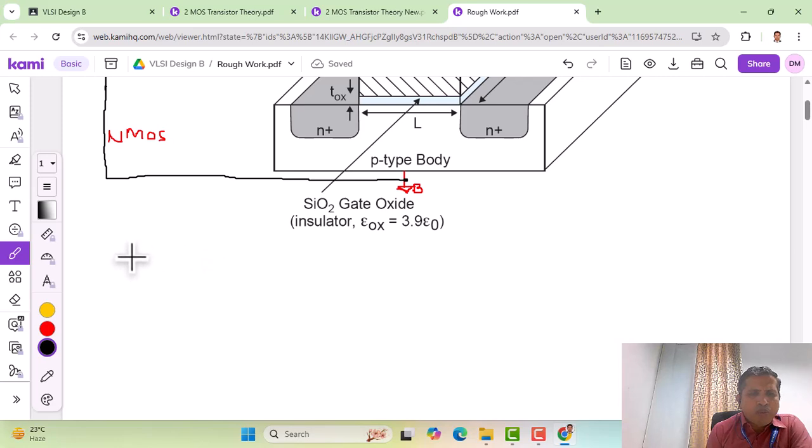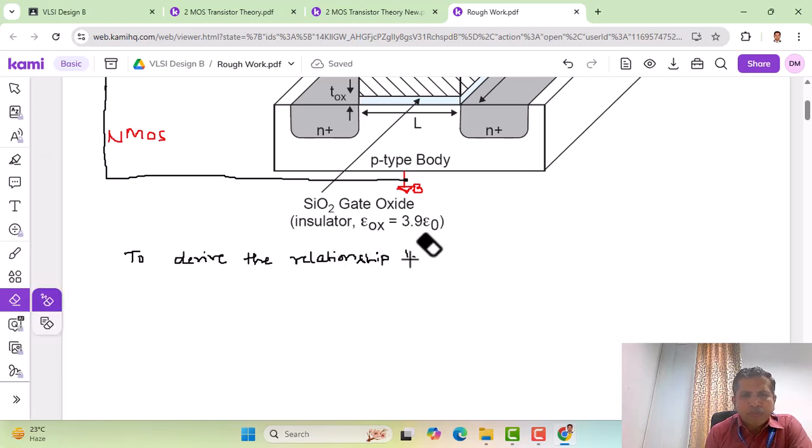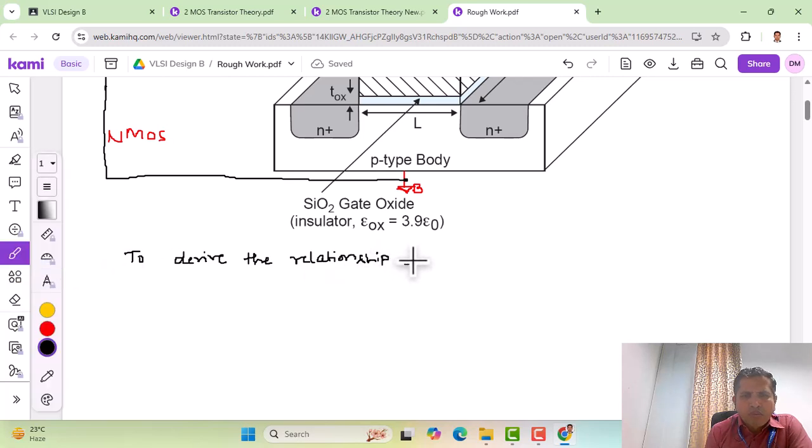Let us now derive the relationship among the three voltages that are widely used in MOSFET, namely VGS, VDS and VGD.